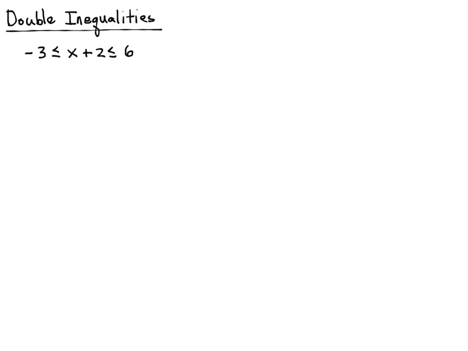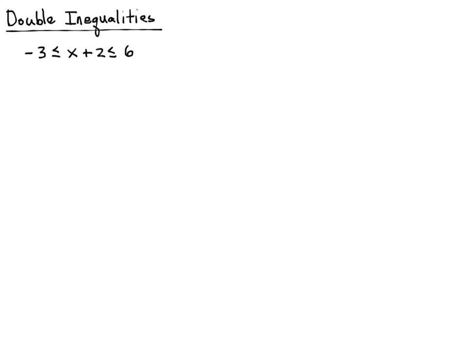So in other words, I can make this less than x and this less than or equal to 6. But they have to go in the same direction. It's not going to make any sense if you say this is bigger than that, which is smaller than that. That may be true, but it's just not very helpful to write the notation. So you generally use this to indicate something is between 2 things.